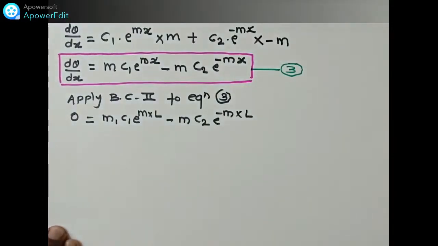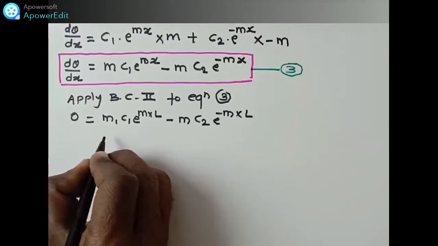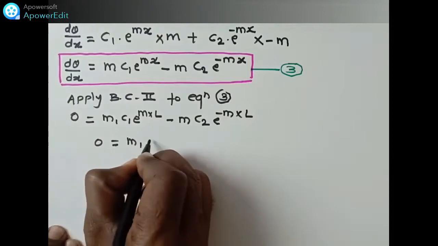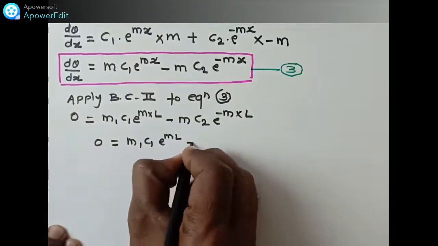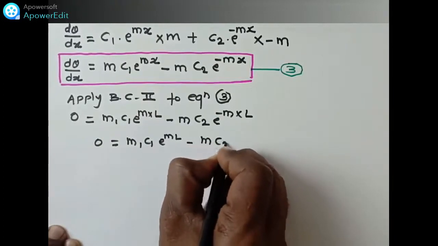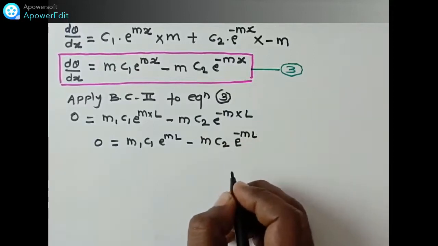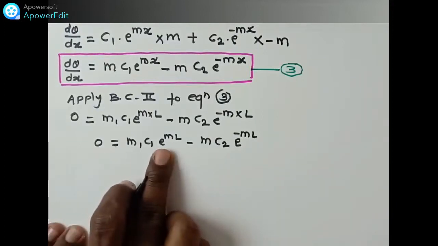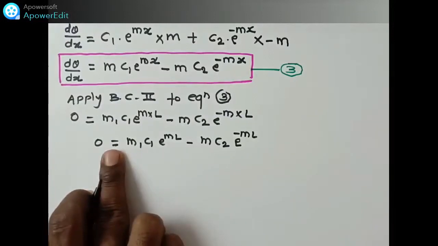So here we will have 0 is equal to m C1 e raised to ml minus m C2 e raised to minus ml. This term we can bring on the left side of the equal sign.